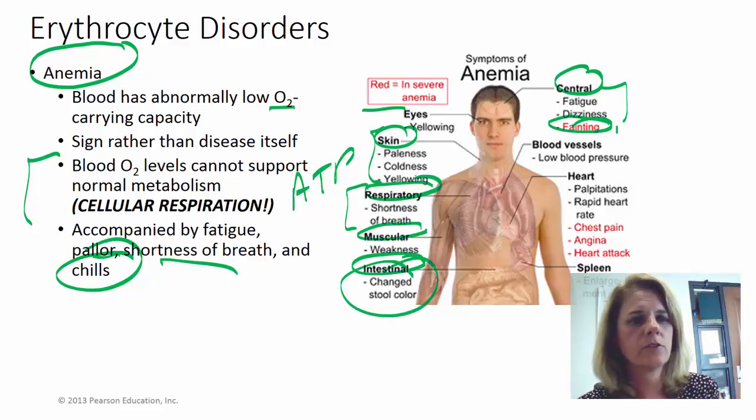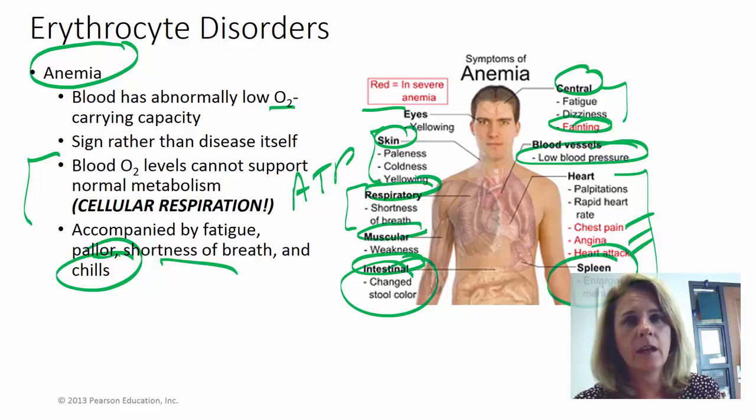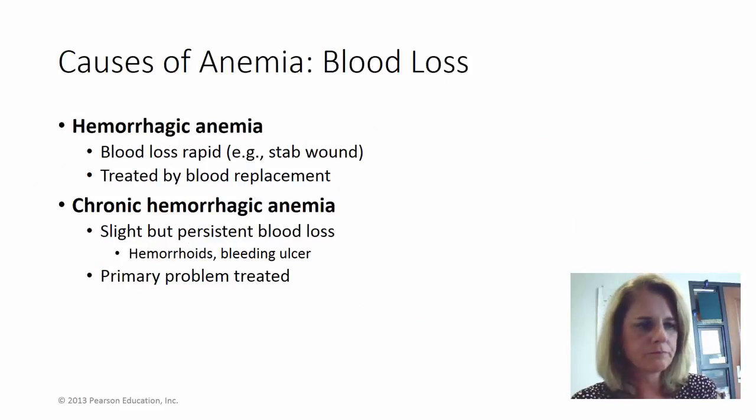Blood vessels, that's also your circulatory system. You could have low blood pressure. If you're anemic, you may have heart palpitations, you may have a rapid heart rate, you may have chest pain, angina, heart attack, and again, you may have problems with your spleen. So all of your organ systems can be affected if you have symptoms of anemia.